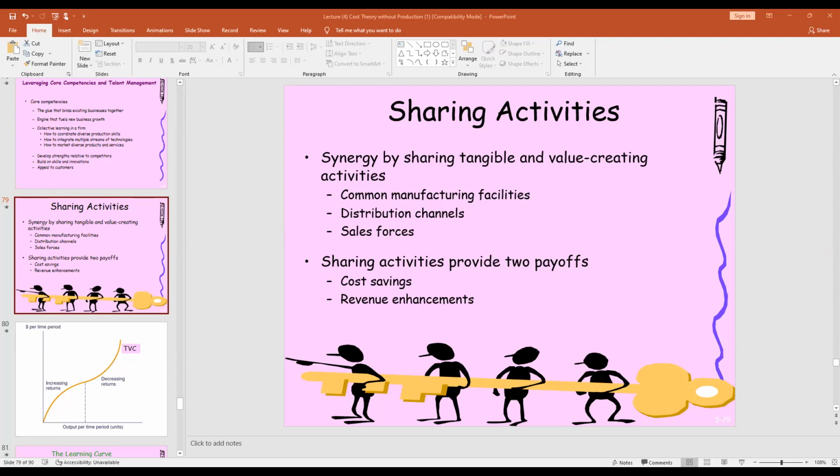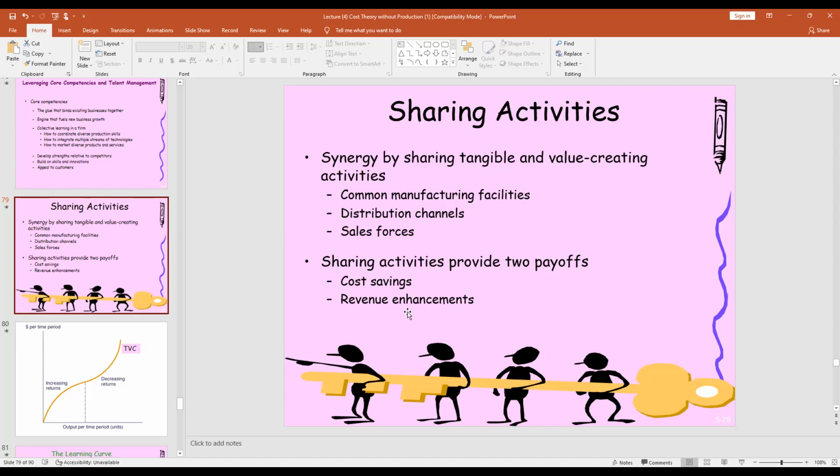Okay, then we can indicate it like this. Sharing common manufacturing facilities, distribution channels, sales forces. Sometimes sharing the activity pays off in cost saving and revenue enhancement. Because of this sharing, you can save cost and increase revenue.